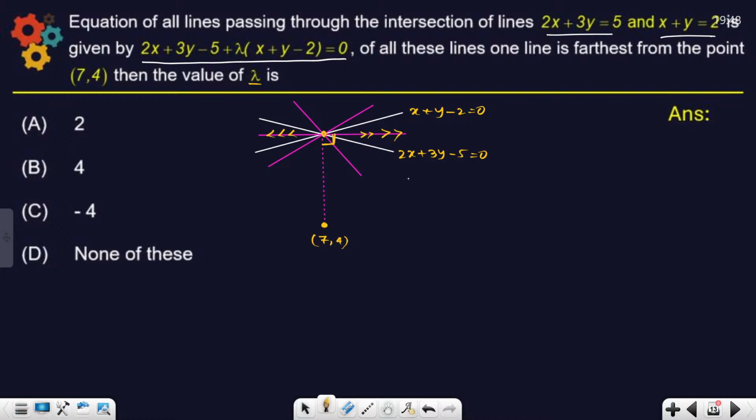Okay, so let me just write the equation. The family of lines, which is this. Is it clear? Now, can you please tell me what is the point of intersection of this?